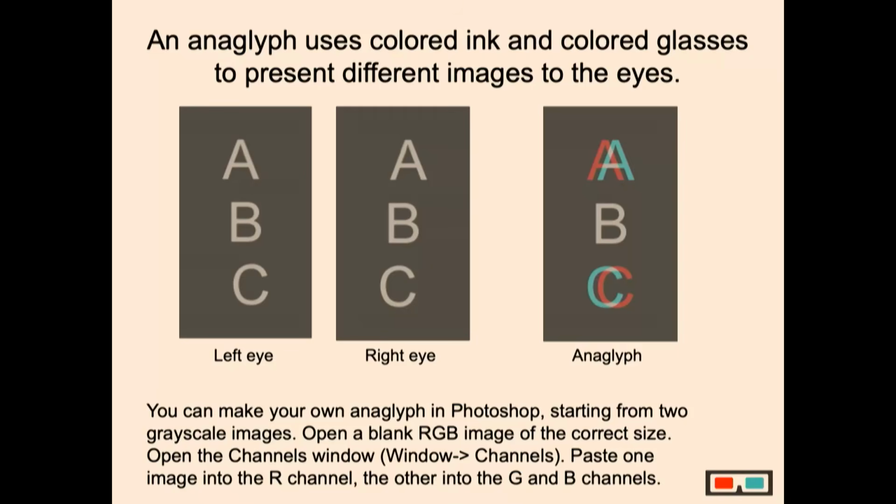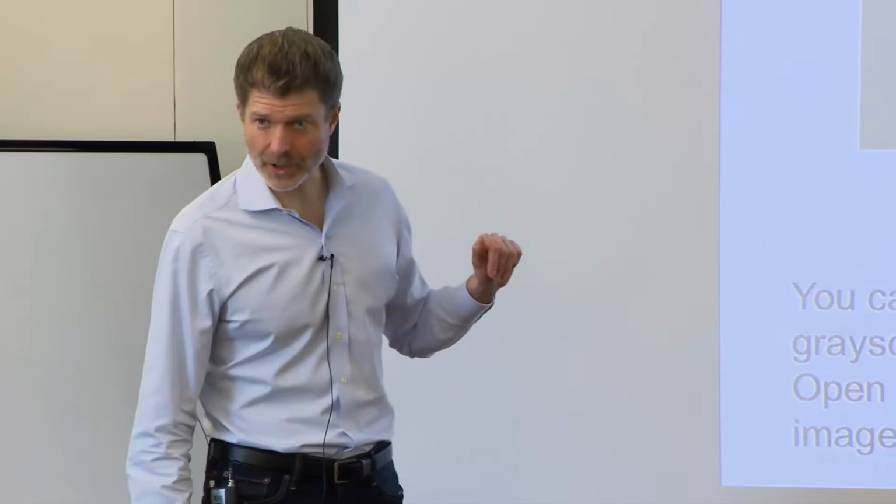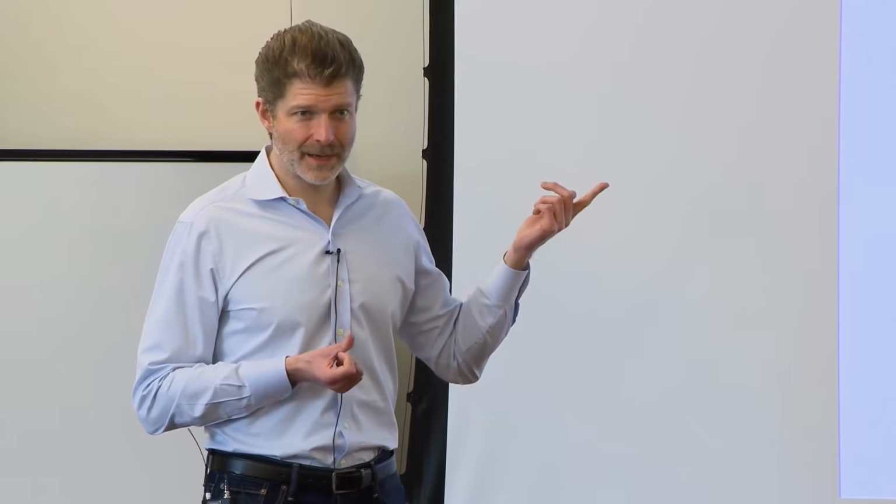Now the anaglyph just puts one of these images in the red channel and one in the blue channel, and these colored glasses are going to pass one image to one eye and the other to the other eye. And when you do that, lo and behold, if you're not stereo blind, you should see depth differences.